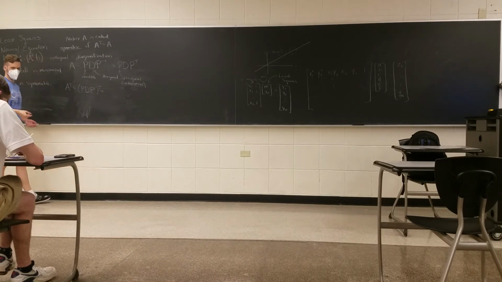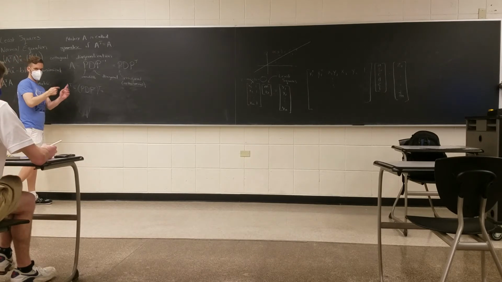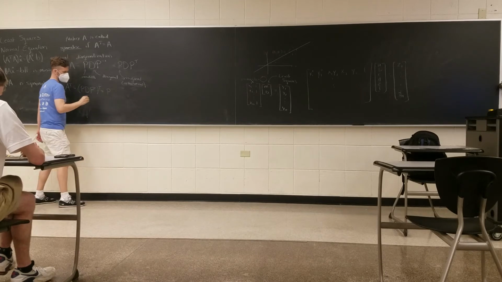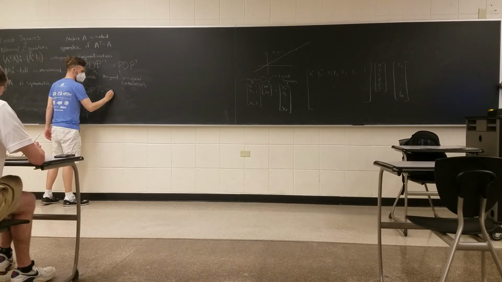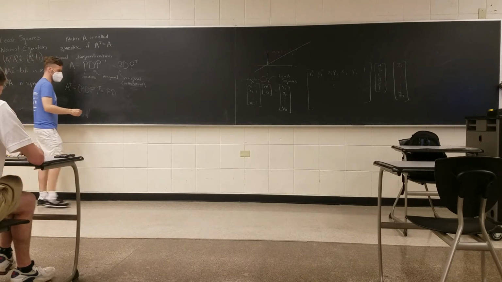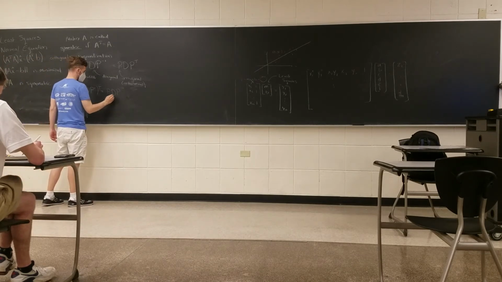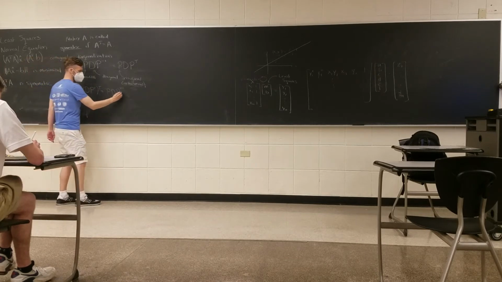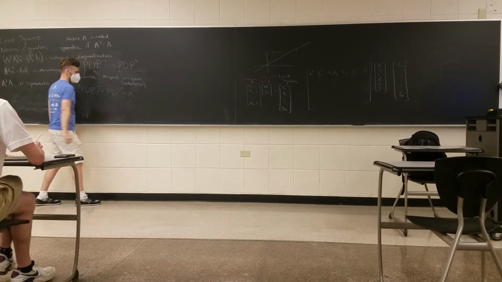Remember, the transpose of a product is the product of the transposes in reverse order. So this is P transpose transpose, which is just P. D is diagonal, so D transpose is just D. And then this is P transpose, which is of course A.